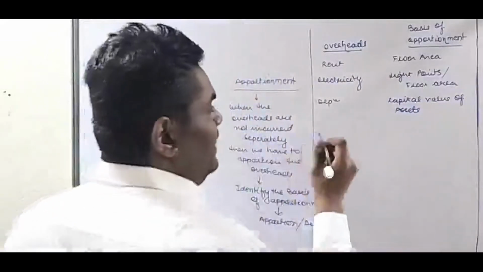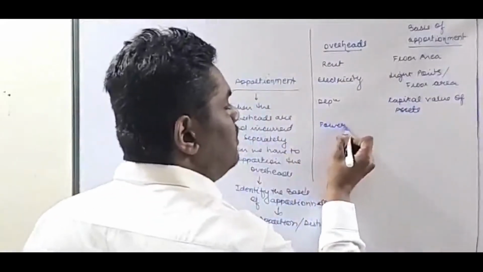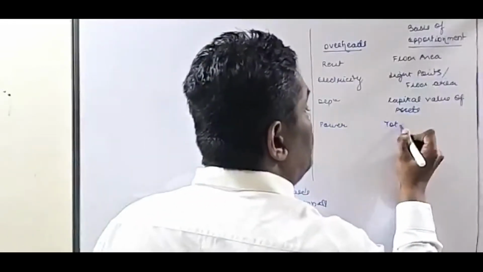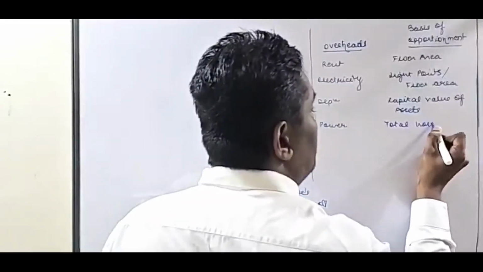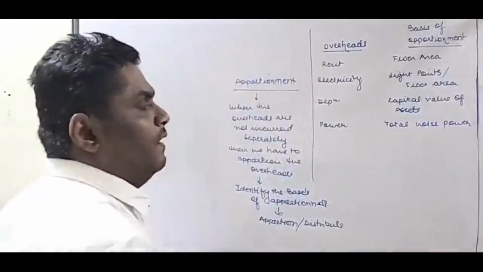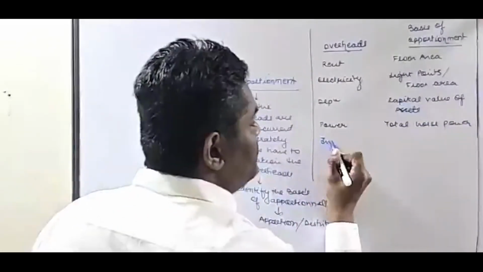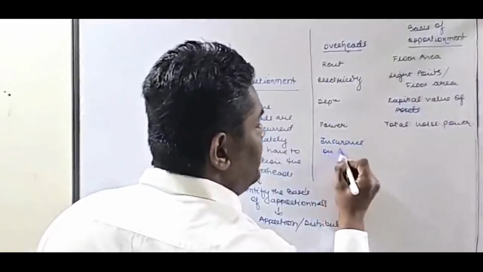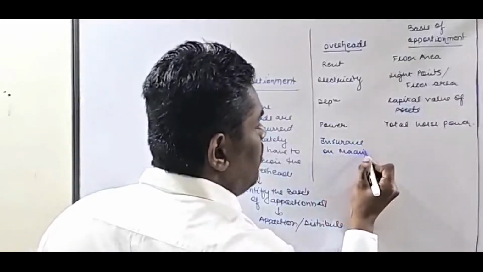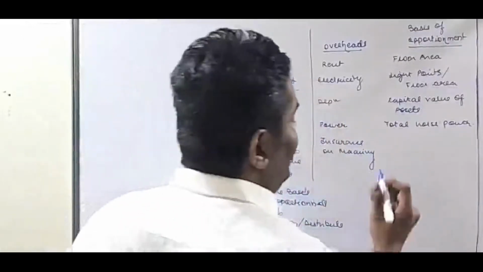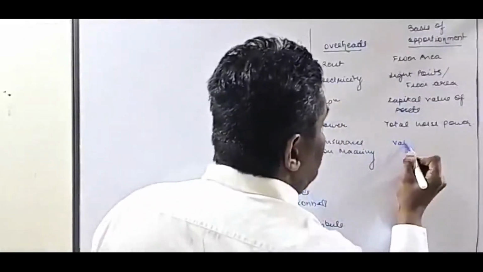Further, when talking about the power cost, it can be distributed in the ratio of total horsepower. Further, if insurance cost is given, insurance on machinery, then it can be distributed in the ratio of capital value of machinery or value of machinery.